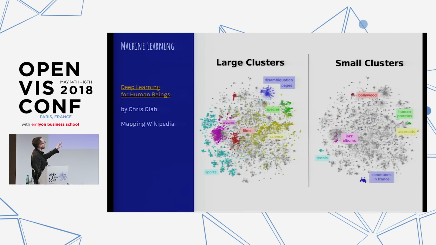What comes out are clusters of topics. We see things like a lot of sports over here, or films, or more specific things like asteroids. These are labels put on after the fact, right? The t-SNE has found these clusters and lets you find that. I say all this just to point out that using neural networks to find better representations and then using t-SNE to visualize them is a generally good idea.